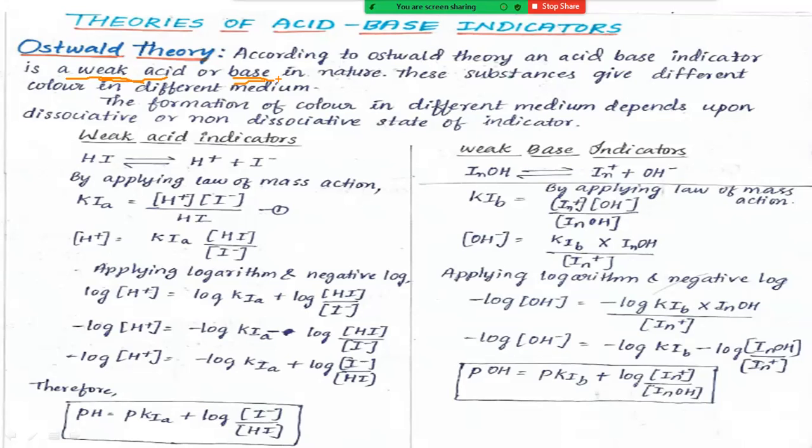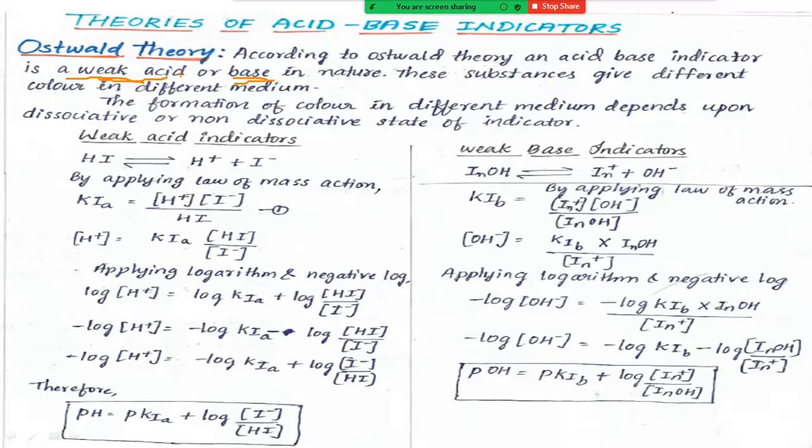Because HCl is a strong acid. This is the analyte that we are estimating. So acid-base indicators are always weak acids and weak bases, which are secondary substances. That means they are not involved in the main reaction, not directly involved in the neutralization reaction, but they indicate whether the reaction is completed or not.